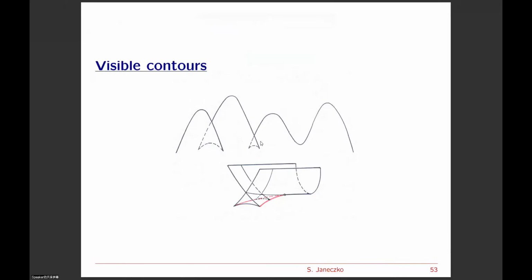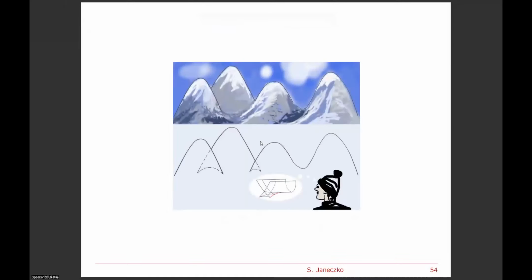And then visible contours. If you are in mountains, you see like that. You are here, some guy with mustache, so you see this mountain. Then this guy sees the mountain like that. That's obvious. But part of this mountain is covered by this one, so he doesn't see this because he is not a mathematician.